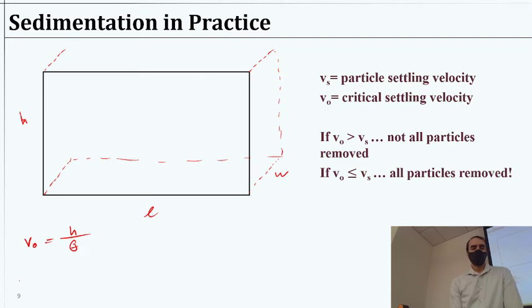Well, if we think about it, we can say that's equal to height divided by V over Q, right? Because hydraulic residence time is V over Q.